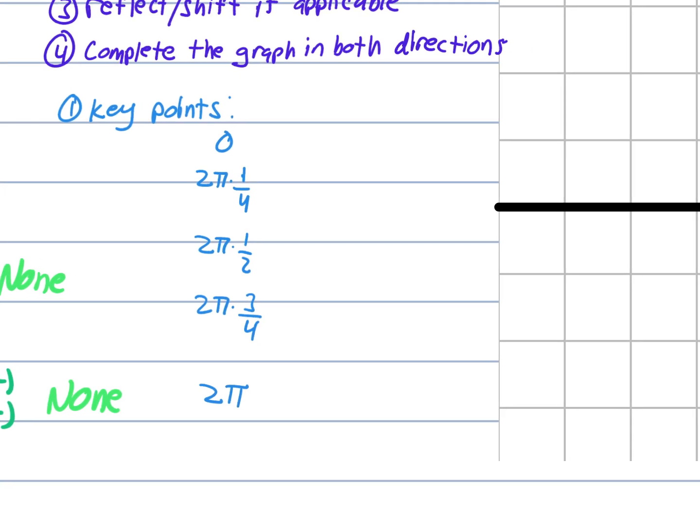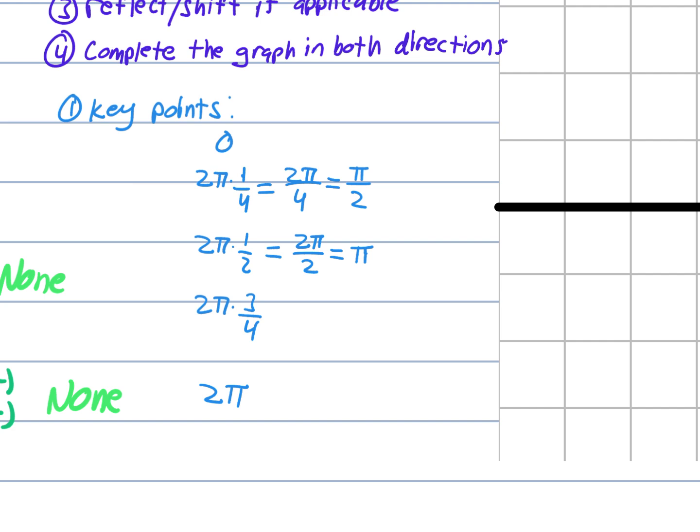All right, now from 2 pi times a fourth, you can cross cancel, you can cross out the 2 and the 4 and make it 1 and a 2, or you can multiply straight across, right? 2 pi times 1 is just 2, and we get 2 pi over 4 on the bottom. And then simplifying this, 2 and 4 can simplify, this gets us pi over 2. Now for our halfway mark, it's going to be 2 pi times 1, which is 2 pi, divided by 2, and then your 2's can cancel, and we end up with pi.